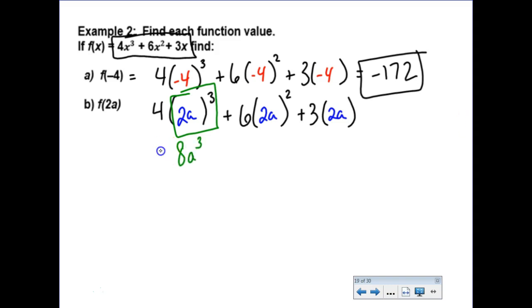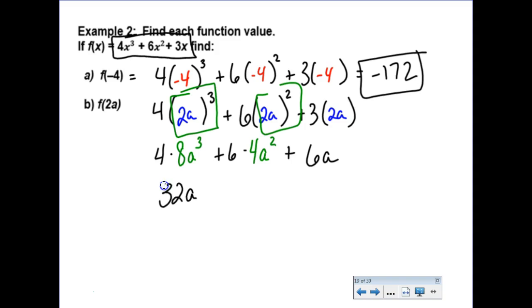But you still have to multiply that term by a 4. And then 2a squared is going to become a 4a squared, but you still have to multiply it by the 6. And then 3a times 2a, that's just 6a. So finally, when you simplify, there's no more like terms, you just write down a simplified coefficient here: 32a to the 3rd plus 24a squared plus 6a.